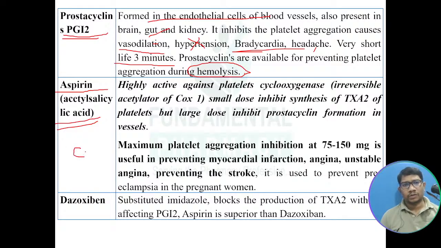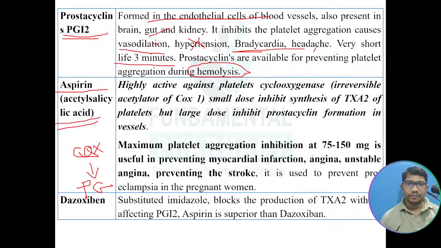What does COX mean? Cyclooxygenase. COX converts phospholipid into prostaglandins and thromboxane A2. So aspirin inhibits the COX.